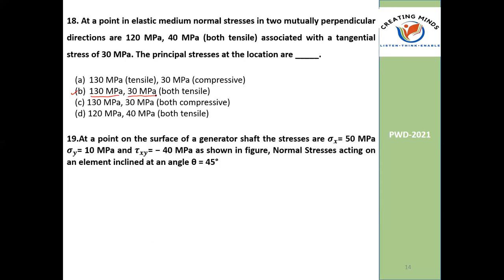Next question. See, try to solve this problem. At a point on the surface of a generator shaft, the stresses are sigma x 50 MPa, sigma y 10 MPa, and tau xy minus 40 MPa, shown in the figure. See the figure.